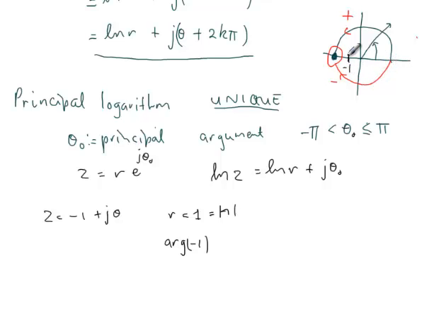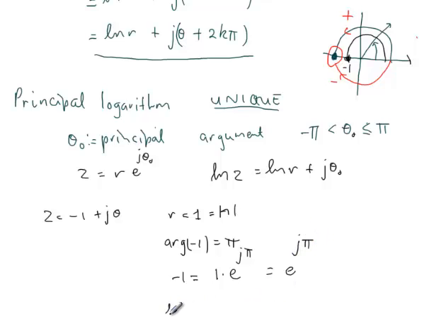What's the angle between that minus 1 and the positive x-axis? Is half pi and pi. So it's included here, isn't it? So then the argument here is pi. Then after that now, minus 1 is equal to 1 e to the j pi, which is the same as just e to the j pi.